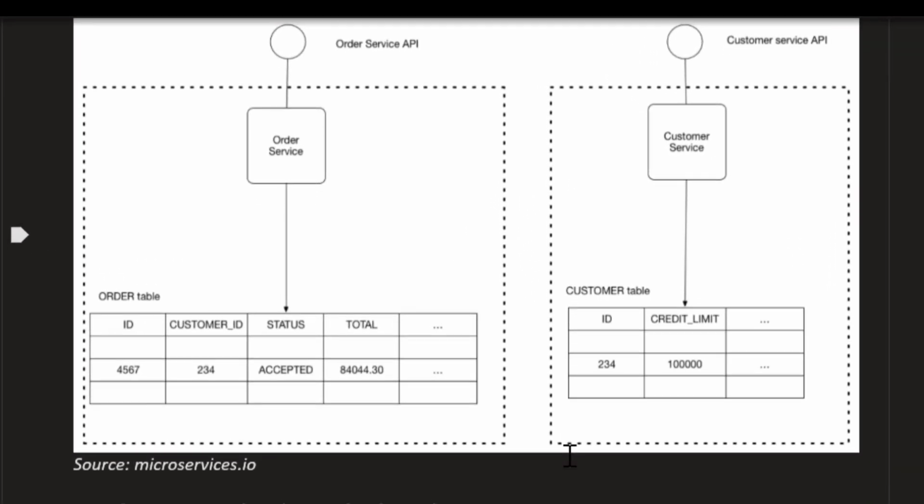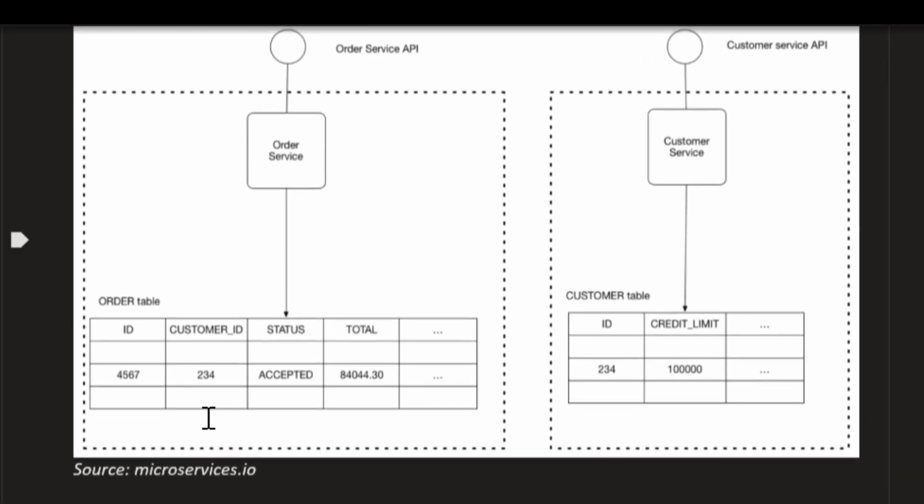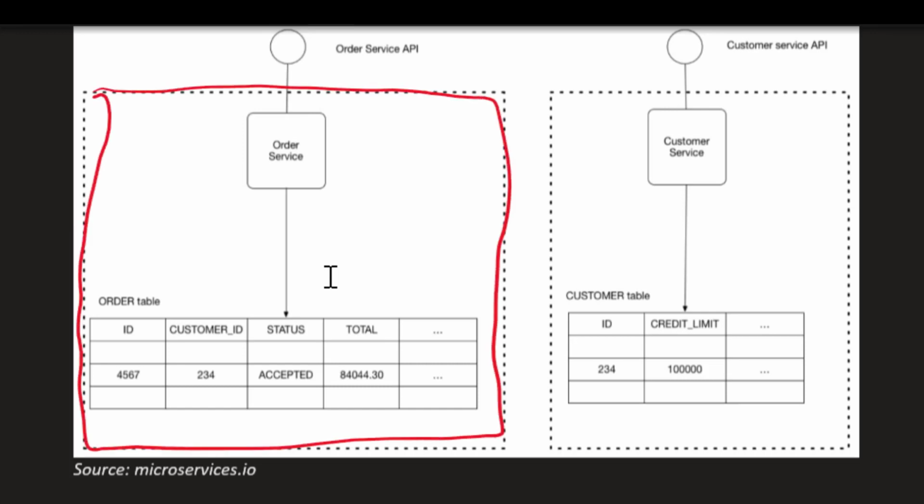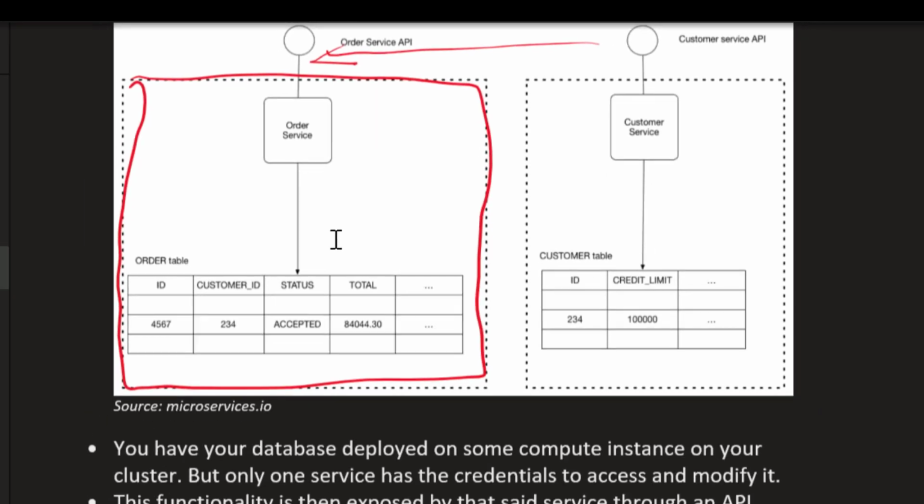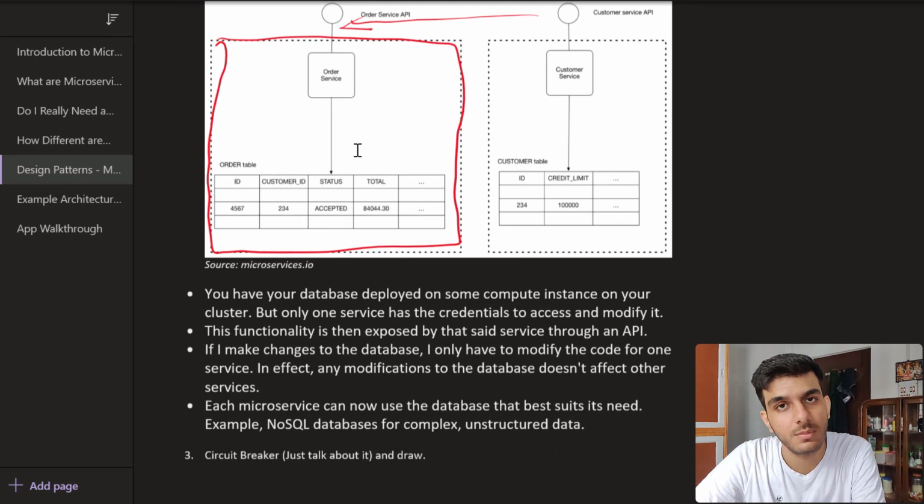Here you can see that we have the order service and the order table, and they are part of one entire block. This order table is only accessible through the order service API. So if the customer service API needs to get some data from this order table, it will just call this order service API. Then the order service code is going to fetch whatever data they want and send it to the customer service API.